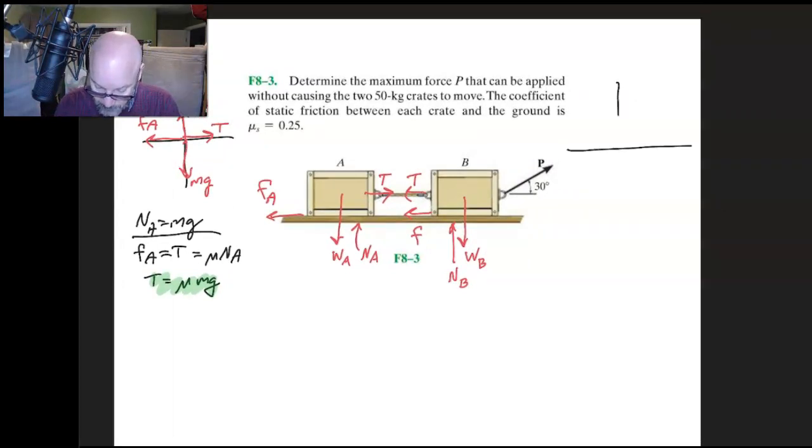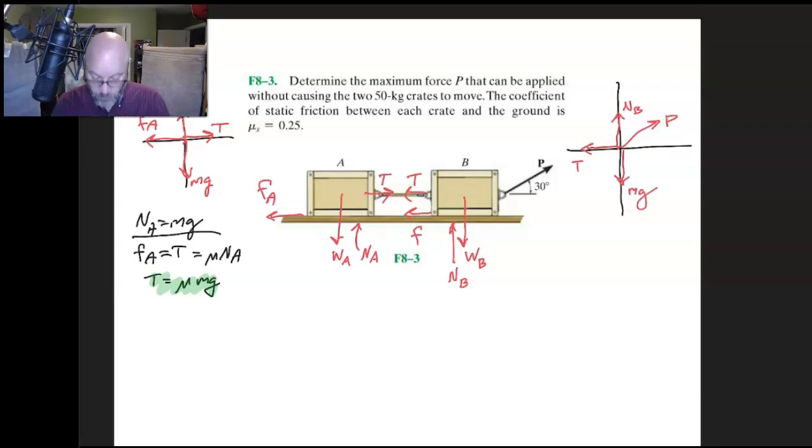It's a little more complicated, but still not bad. All right, tension's there. Here's P and NB and mg, our weight.